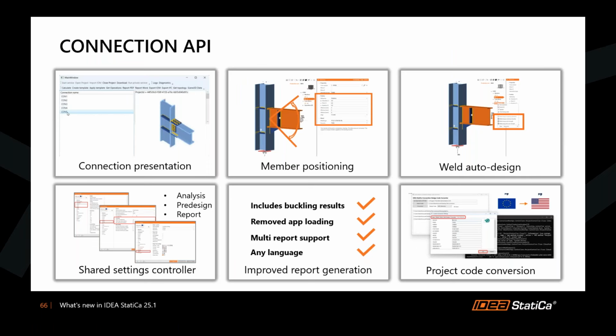You can control the shared settings via the API, buckling results, other things, and very, very popular project code conversion. So you can convert your projects that are conducted in Eurocode to American code or any other code for that matter.